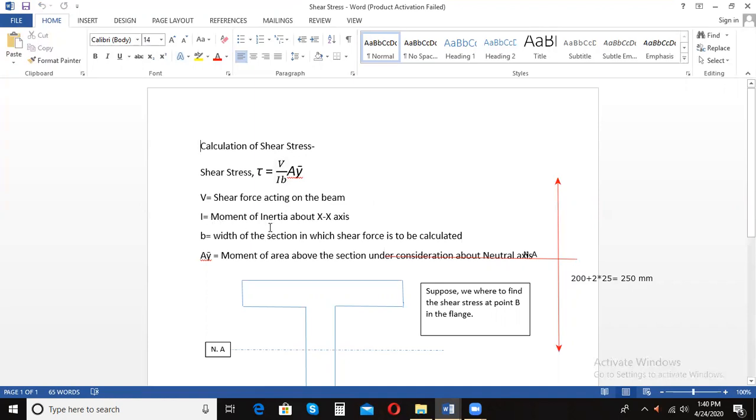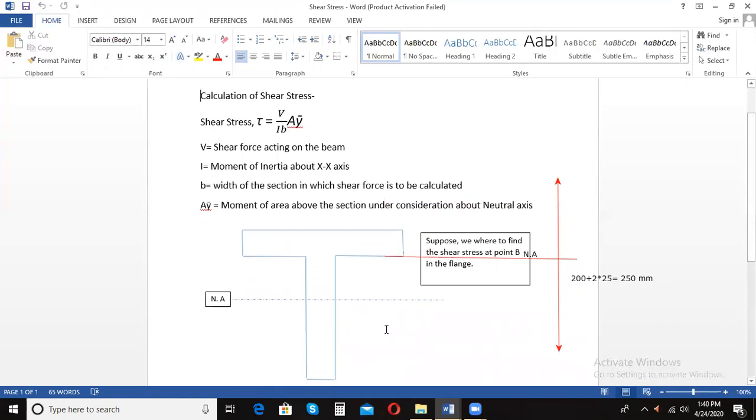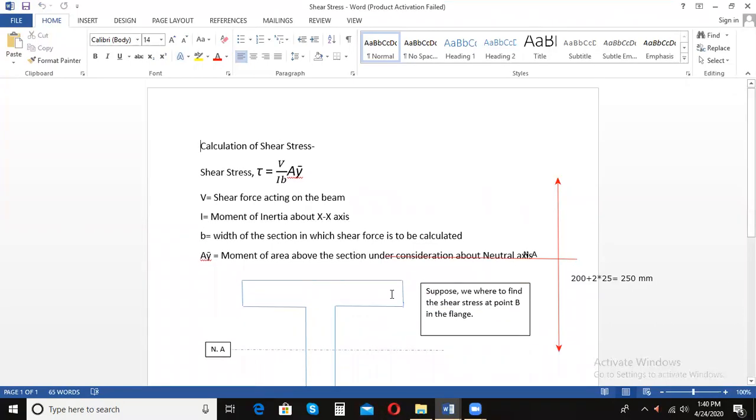What is I? Everyone knows it is the moment of inertia about the major axis, or the XX axis. If I have a T-beam here, the major axis will pass parallel to the flange. So you have to calculate the moment of inertia of the section for which you have to calculate the shear stress values.